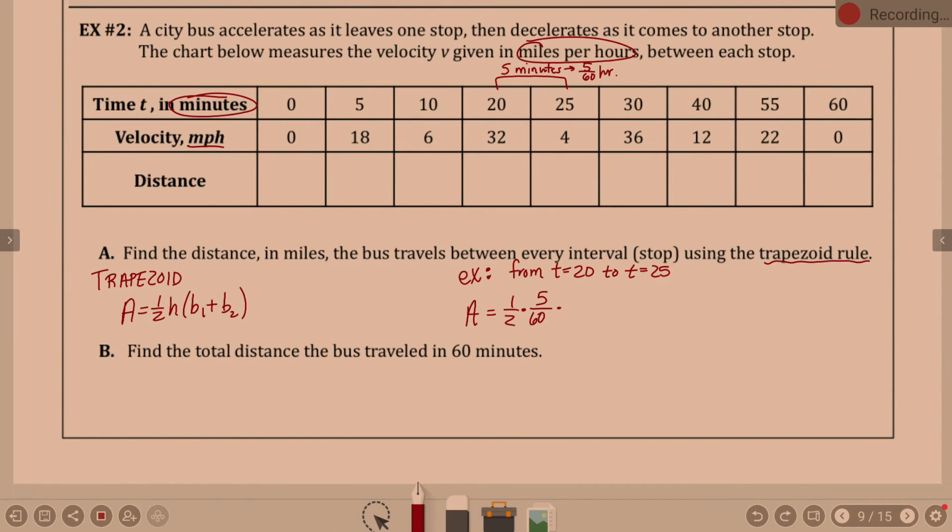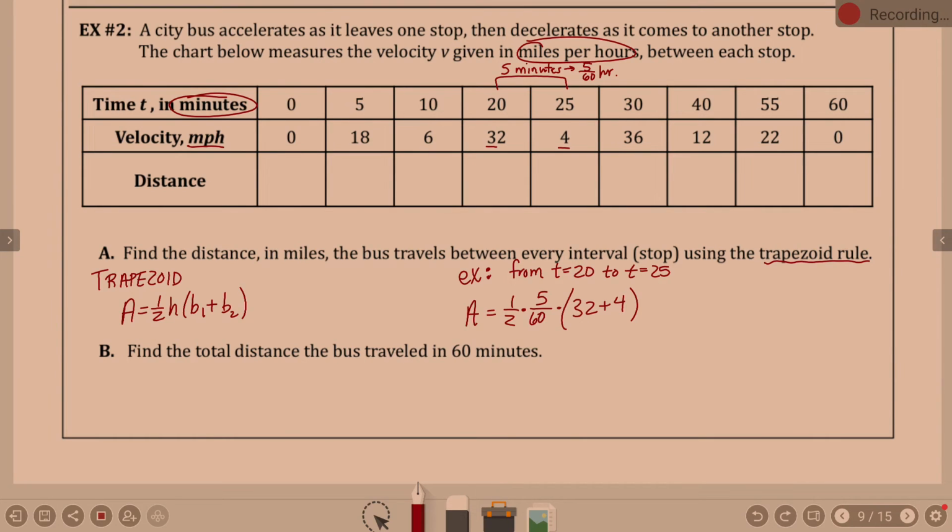And then it's base 1 plus base 2. What are the bases? Those are your y values, so to speak, the heights of the bar. And so that is 32 plus 4. Are you following? This is where you grab the calculator, right? The 1/2 times the 5/60 times the 36.